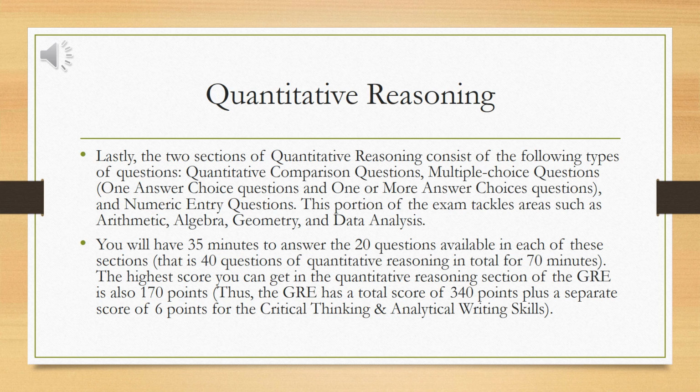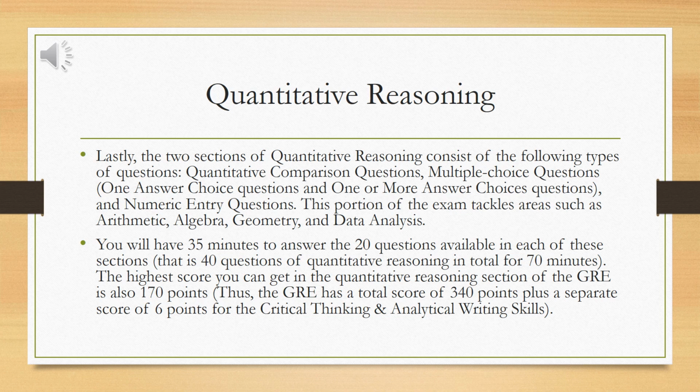You will have 35 minutes to answer the 20 questions available in each of these sections. That is, 40 questions of quantitative reasoning in total for 70 minutes. The highest score you can get in the quantitative reasoning section of the GRE is also 170 points.